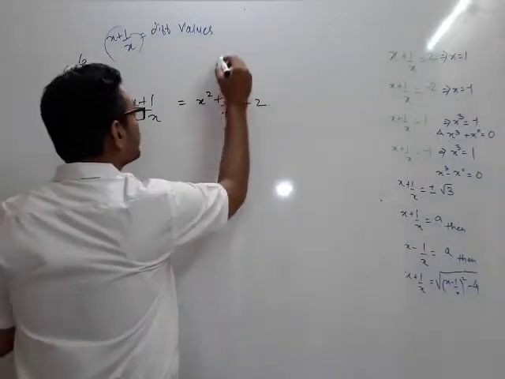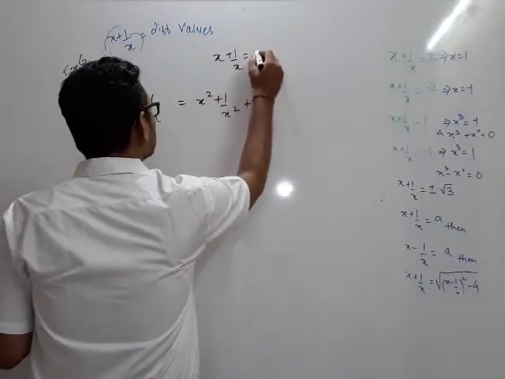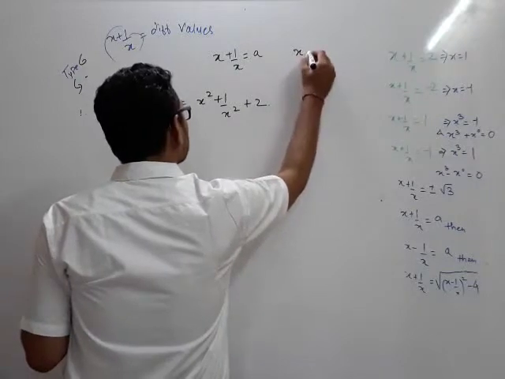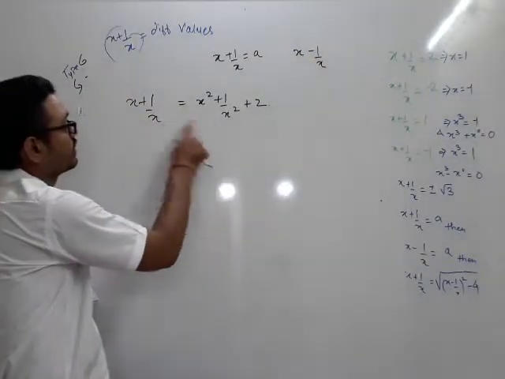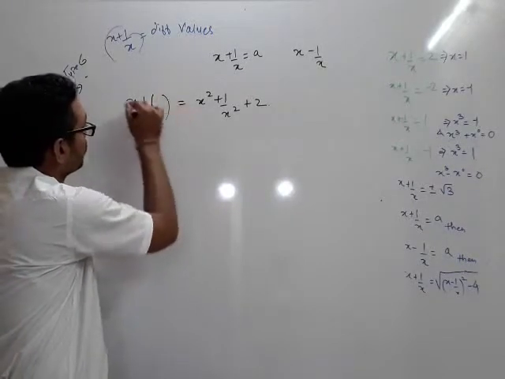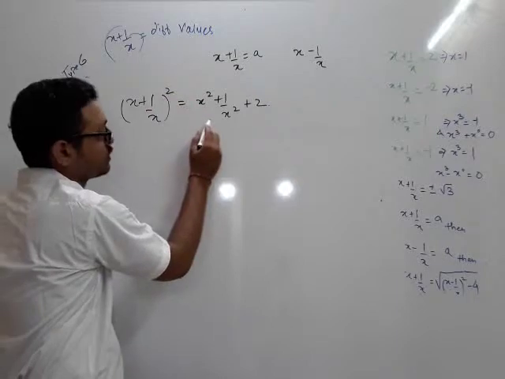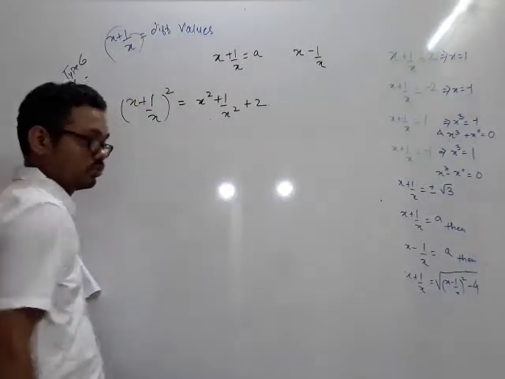Now what I have to do is, as I said, x plus 1 by x is given as something. I have to find x minus 1 by x. How can we convert this bracket into minus? The moment we do the square, it becomes x square plus 1 by x square plus 2.